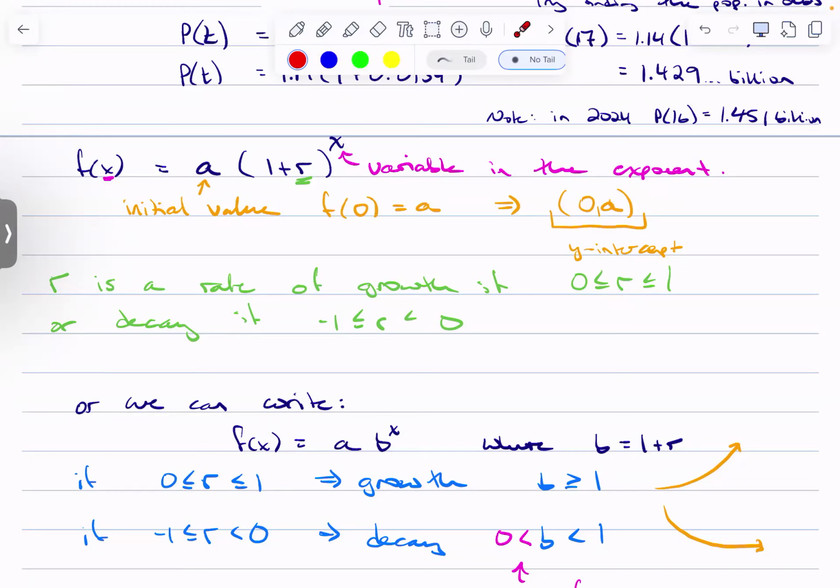And it's going to be a rate of decay if it's a negative percentage, which means that it's going to be between -1 and 0. So if r is negative, then it's decay, and if r is positive, then it's growing.